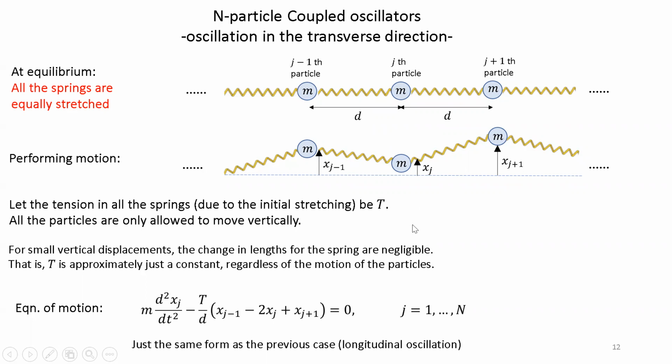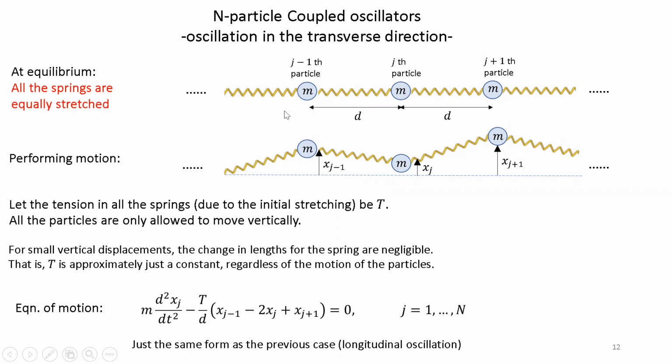You have a string, and then you wiggle one end of the string, and then you form a transverse wave that propagates along the string. So that kind of wave. I believe that you have learned that. And here, I want to show you how that kind of motion can be treated as a continuous limit for the coupled oscillator.